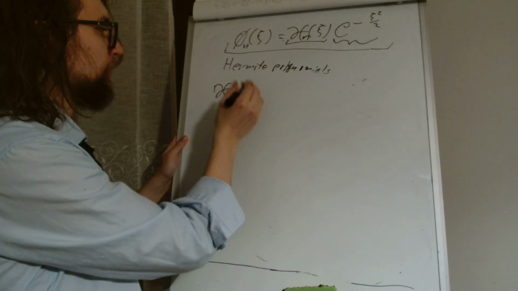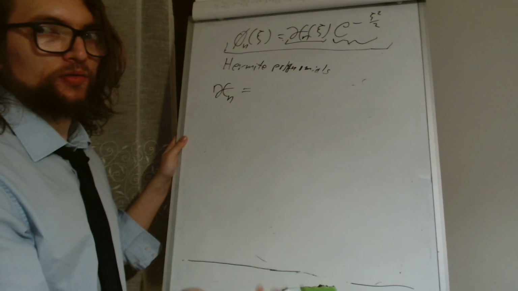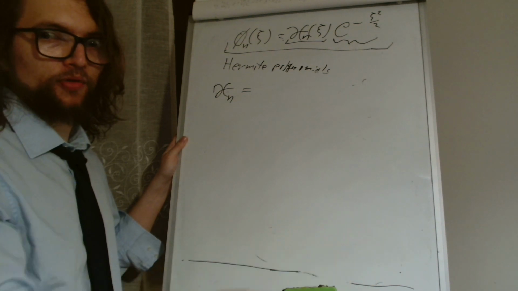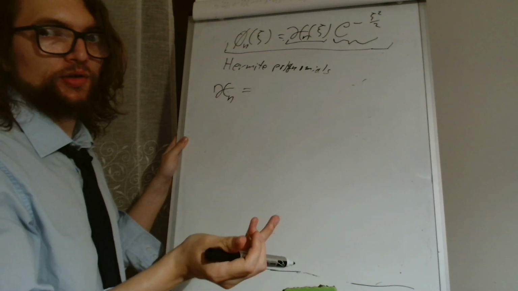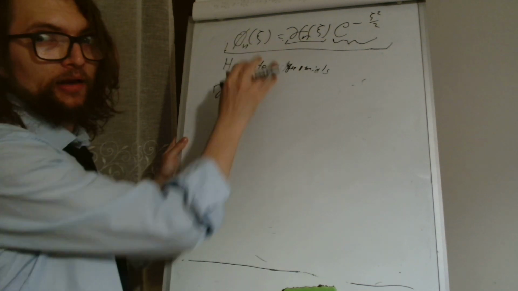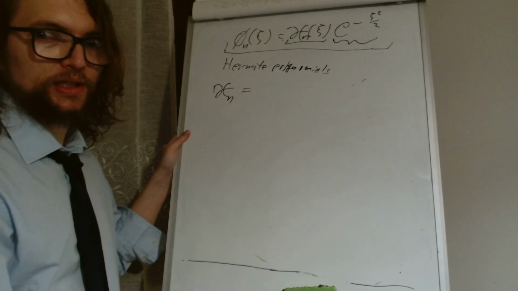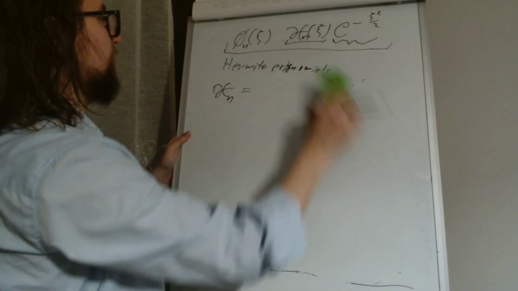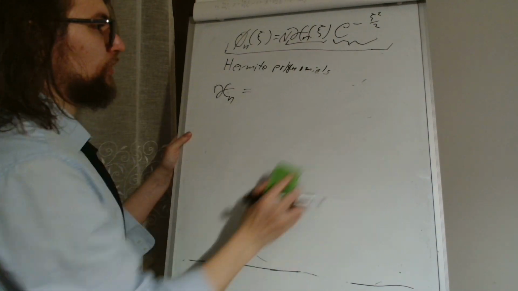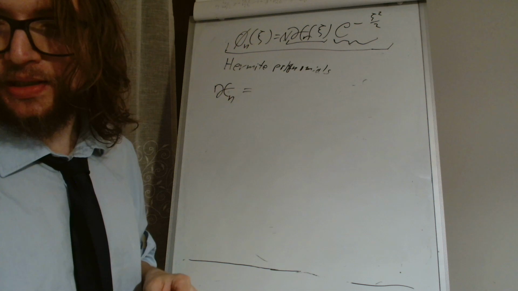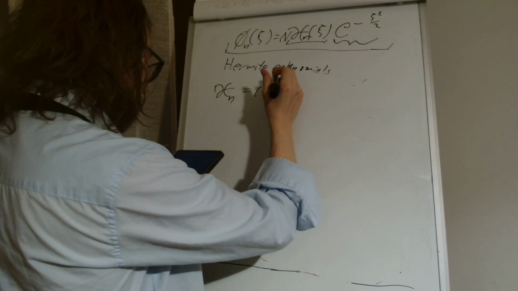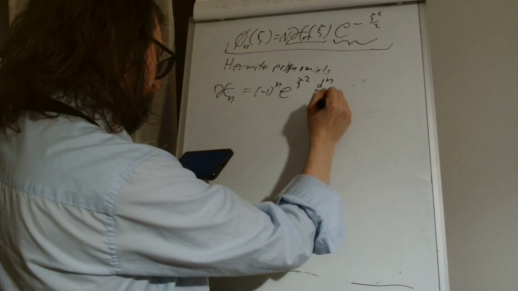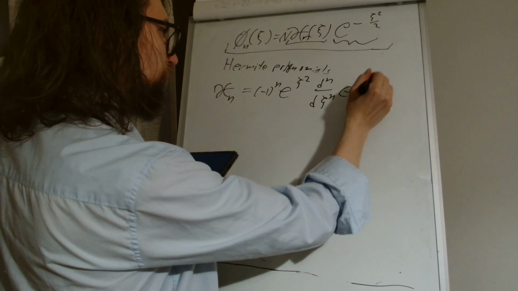Now the way these polynomials are written could differ by a constant, and they are not necessarily found in tables with the conventions for which we have a normalized phi, so they're not usually written in a form which is already normalized for our problem, so we will need anyway to add a normalization constant N. The form they're usually written is minus 1 to the n times e to the xi squared, the nth derivative of e to the minus xi squared.